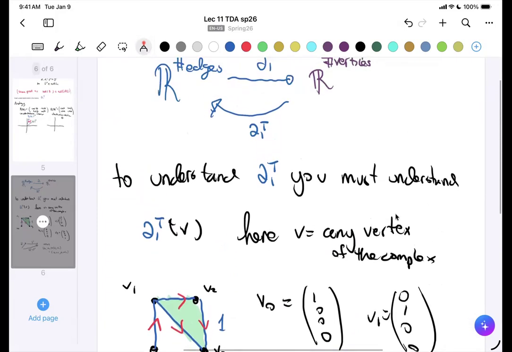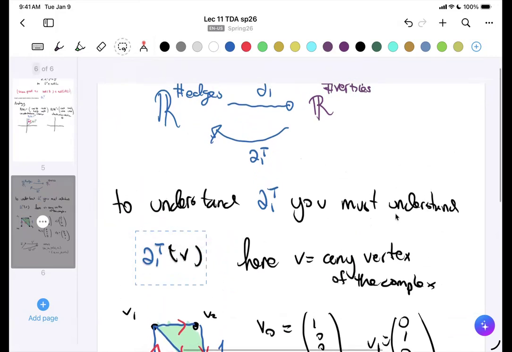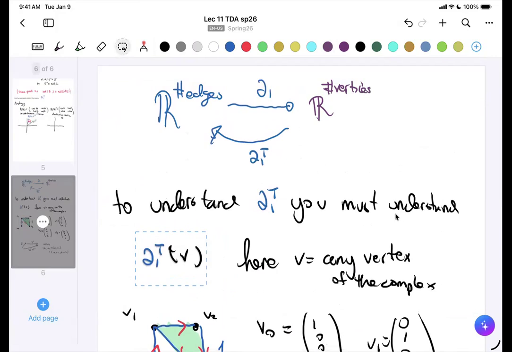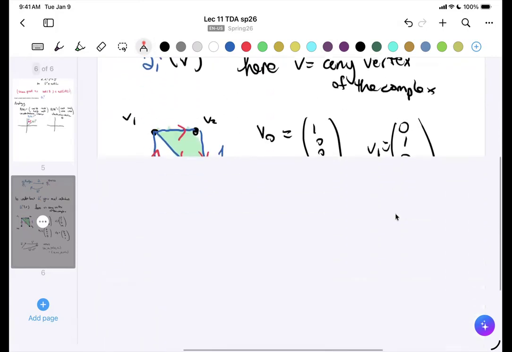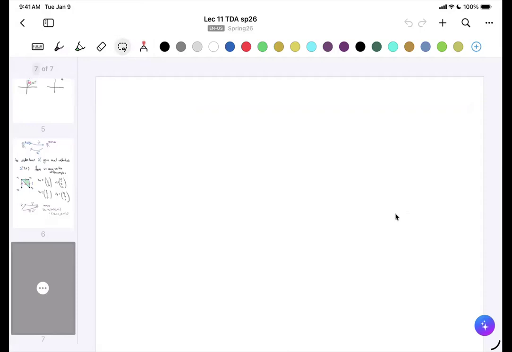So again, this thing is supposed to live in the vector space of edges. What does it mean to be in the vector space of edges? It literally means that you're a linear combination of the basis of edges. So this thing is not necessarily a single edge.